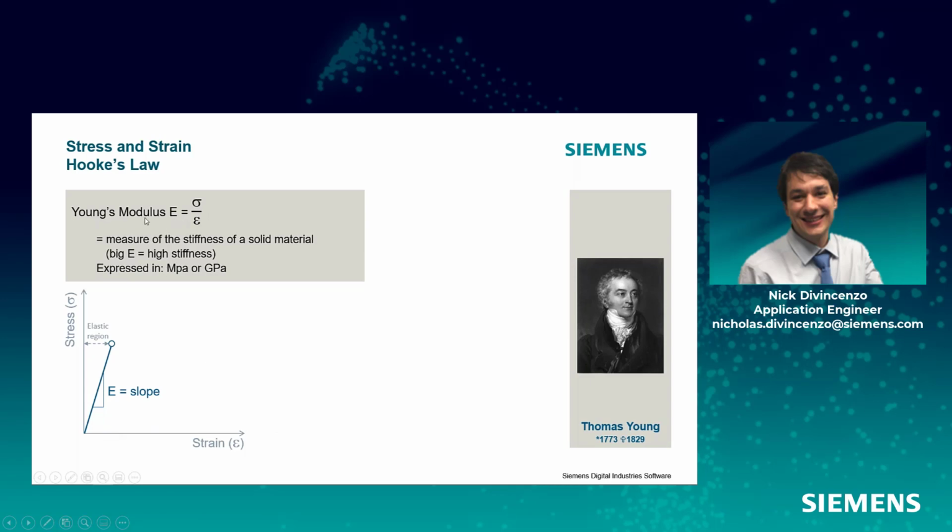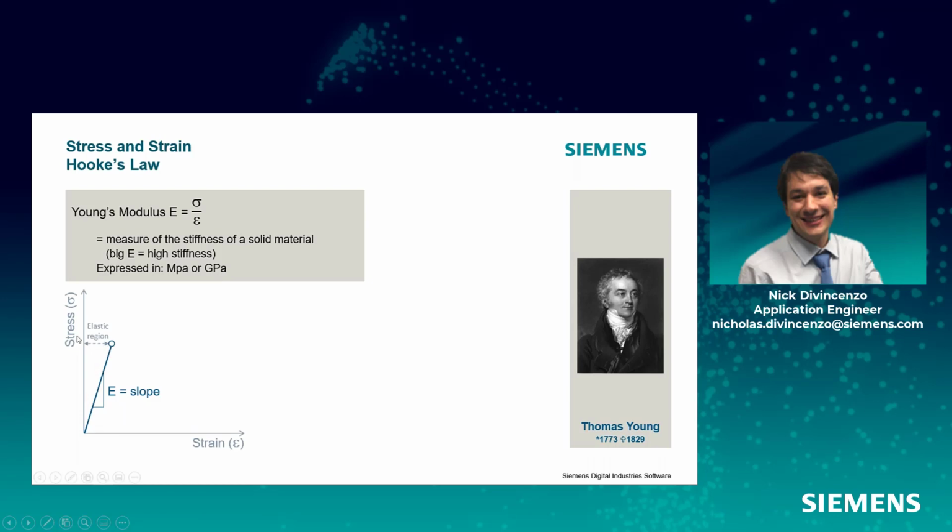We can express it, in this case, in this formulation where we have the modulus of elasticity equals the stress divided by the strain, or we can write this as the stress is equal to E times the strain. And this parameter E describes the slope of our stress-strain curve.